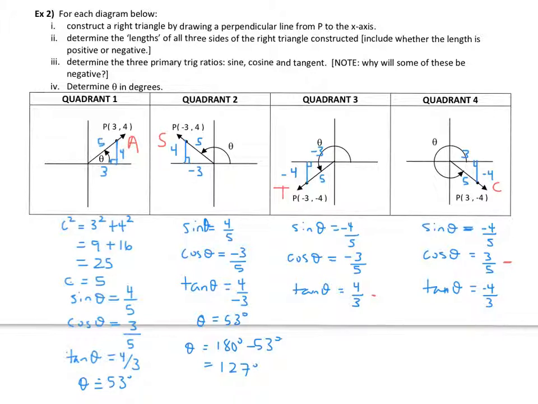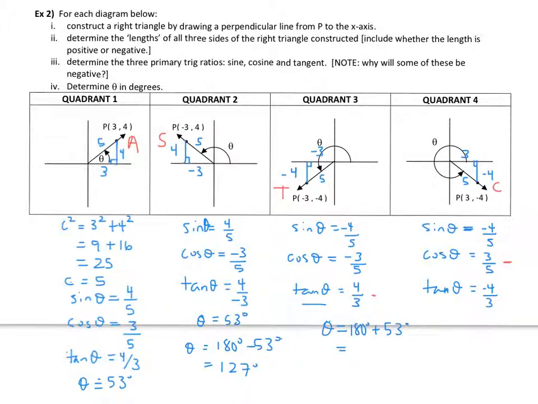In this case, if I were to solve the tan ratio on the bottom, I'm going to get my theta being 53 degrees, but my theta actually will be 180 degrees plus the 53 degrees because it's in that third quadrant.